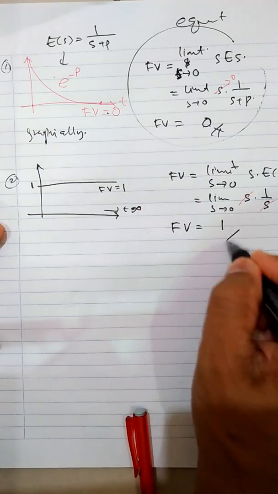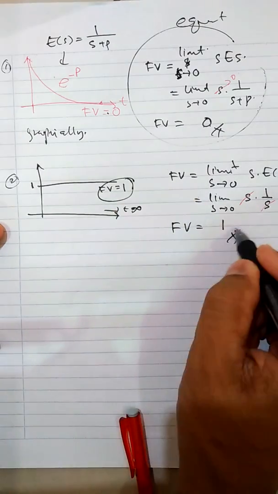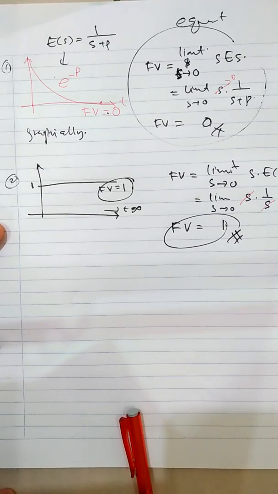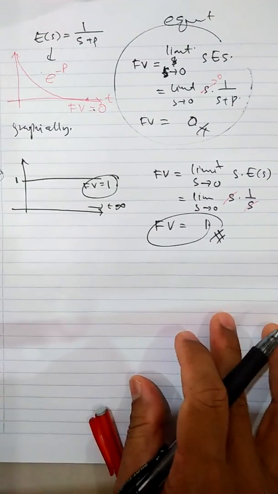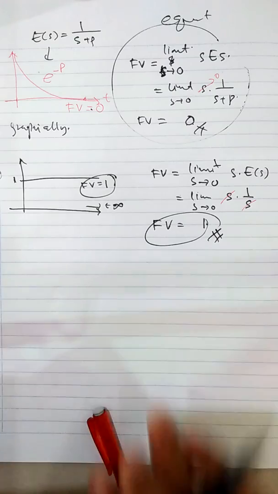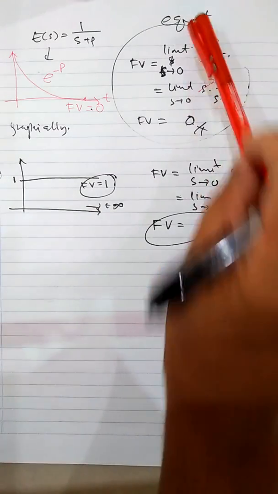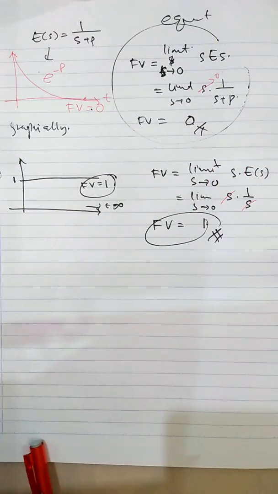So the final value equals 1. So the same. This one using the equation, this one using the graph.